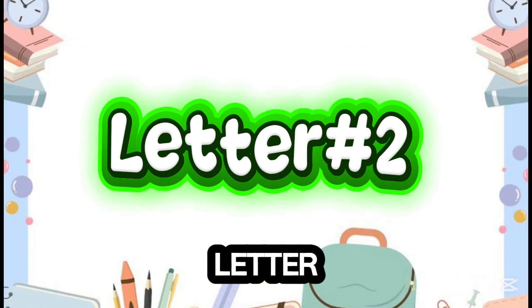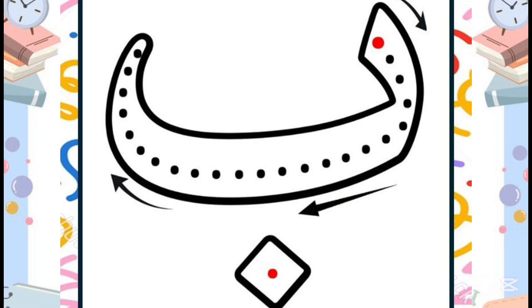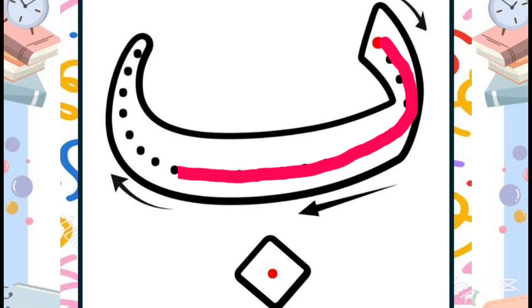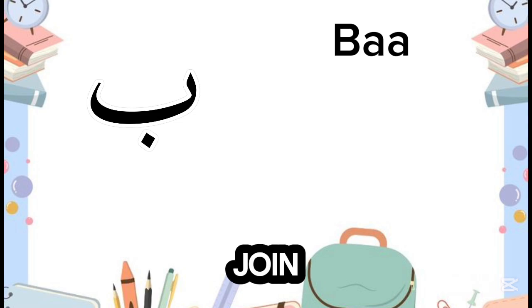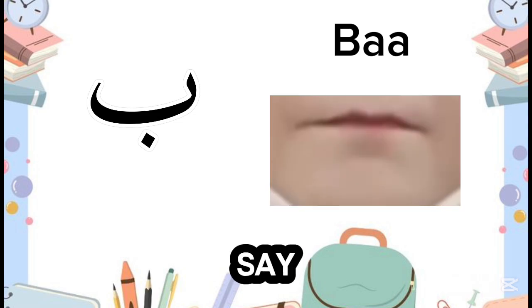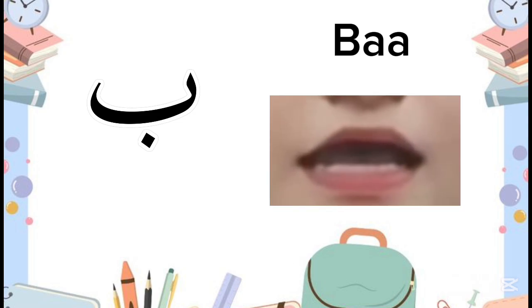The next letter is Ba. It starts from right to left, like a little curve on both sides and a dot in the bottom. Its sound is Ba. Join your lips and say Ba.